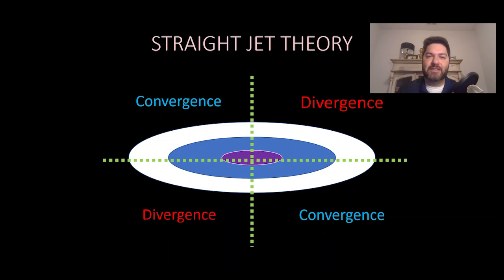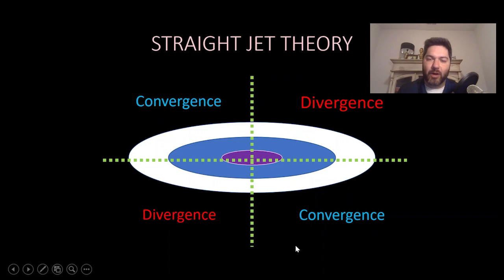The final piece that I'll go into is associated with straight jet theory. Straight jet theory says if you take a straight jet, so no curvature, where the jet is moving from west to east in this case, then out ahead of it, in the left front quadrant as it's moving in this direction, you'll have divergence.